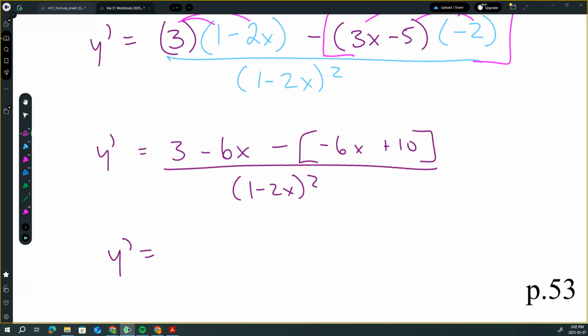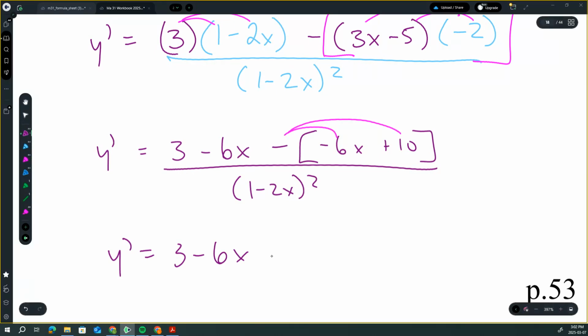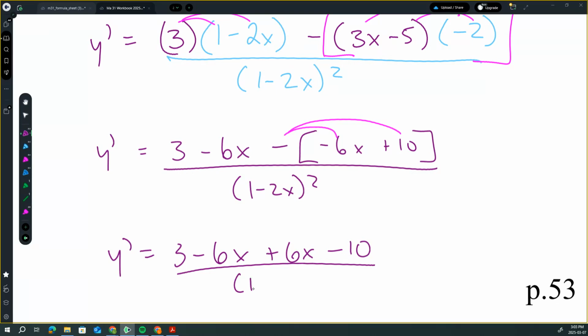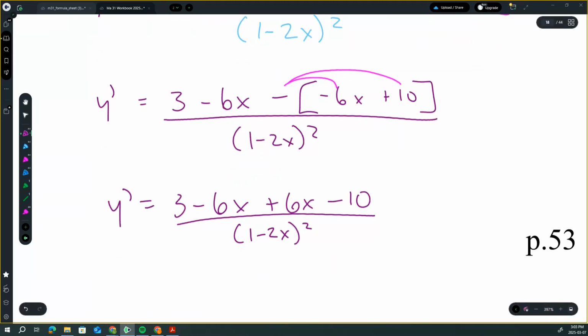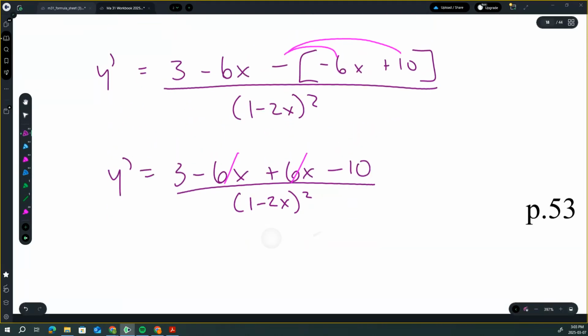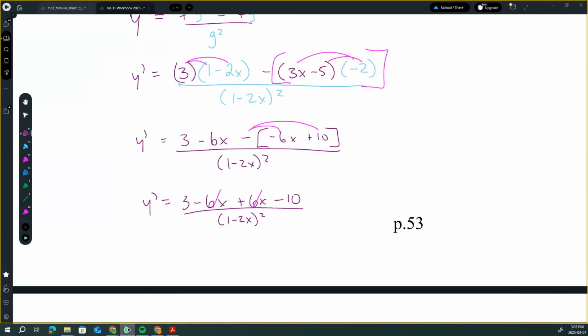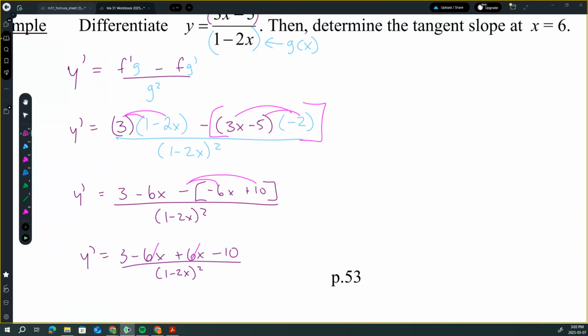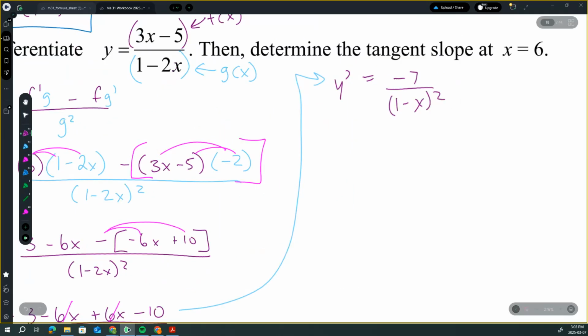Y prime is equal to 3 minus 6x, so I'm just distributing this negative through. So plus 6x minus 10, divided by 1 minus 2x squared. Negative 6x plus 6x, those cancel out. So y prime, 3 minus 10, that's negative 7, divided by 1 minus 2x squared.